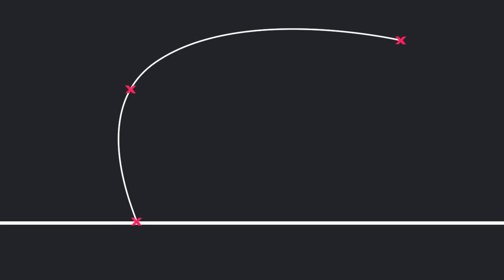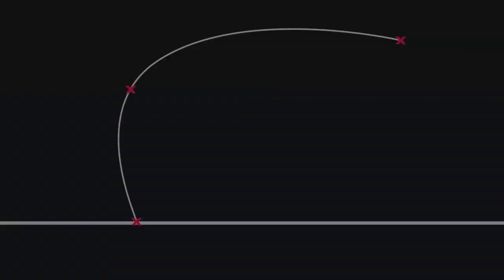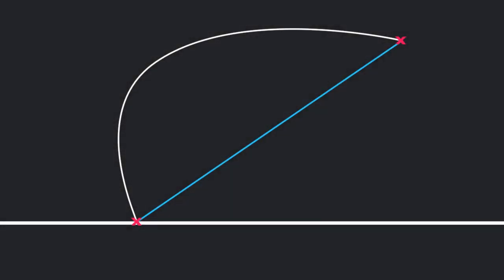Okay, so now as you can see, what we have is an interpolated curve that is being created by 3 intersection points. So the next thing that we're going to do now is to create a line from the start and end points of our interpolated curve. And then we're going to go ahead and find the middle point of this line.